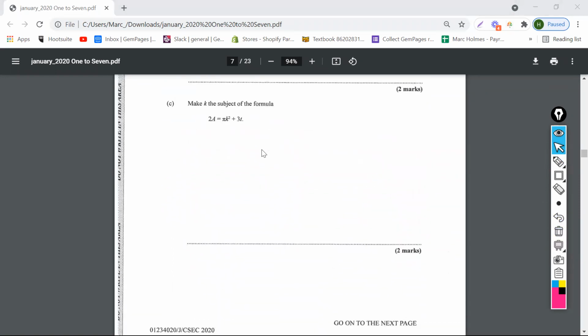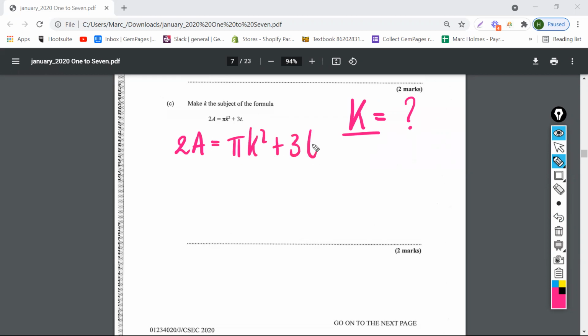All right, so making the subject of the formula. Does anybody have problems with these? If you do, I can send you a video, of course, but it's kind of simple as well. For this, we need to set it up so that K is equal to whatever, not K squared, but K. They want K to be the subject. So first of all, it's 2a minus pi K squared plus 3t. We're going to carry the 3t over to the left side.